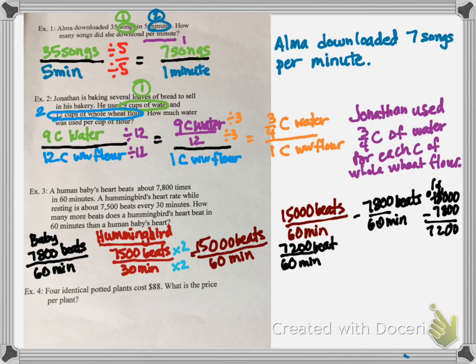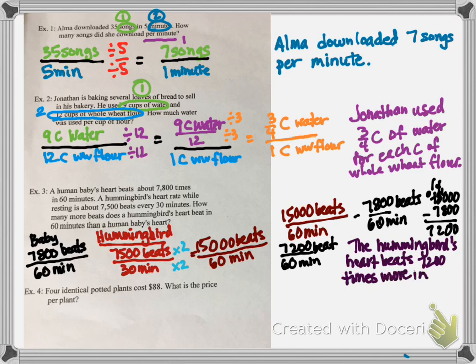So this answer is a little bit weird. We have the hummingbird's heart beats 7,200 times more in 60 minutes than a baby's heart.